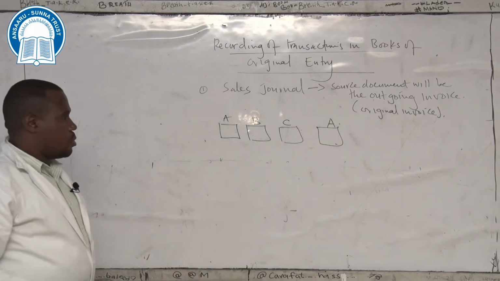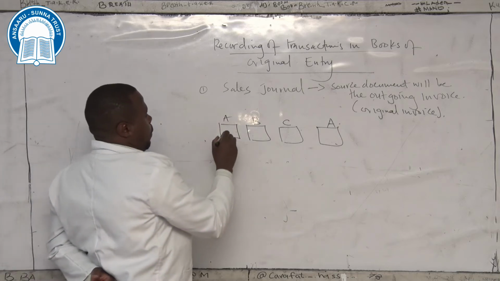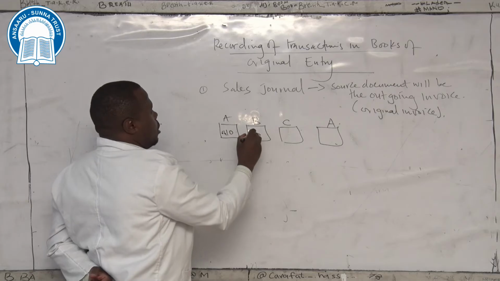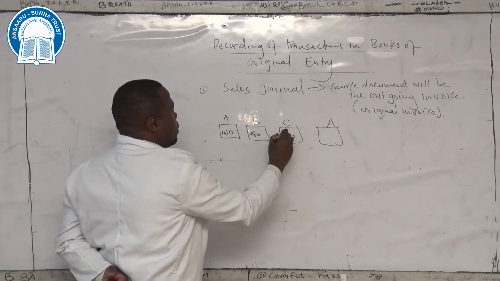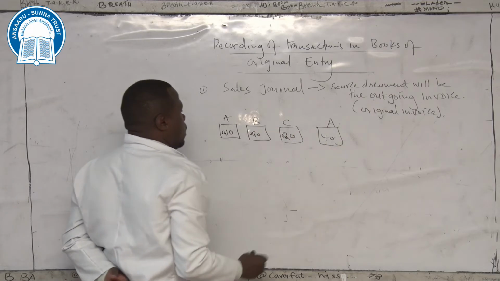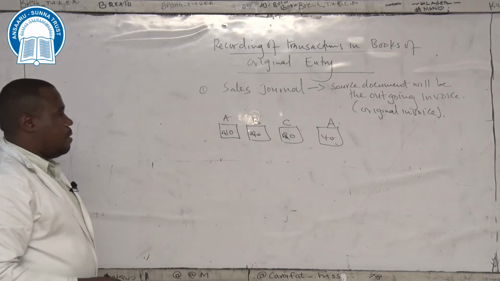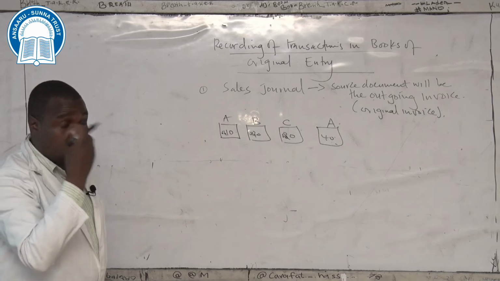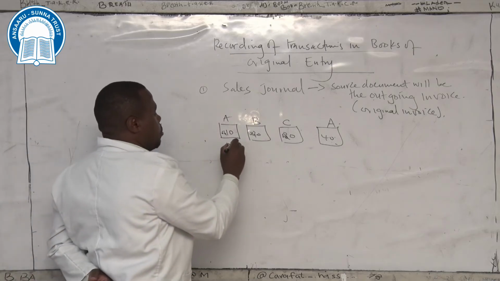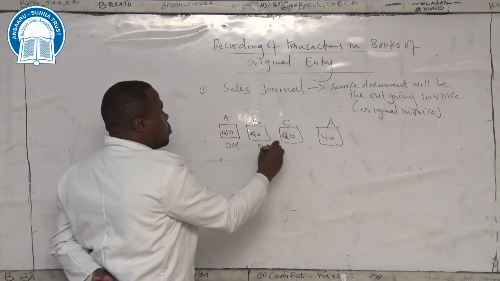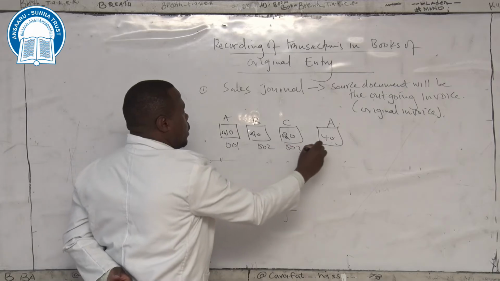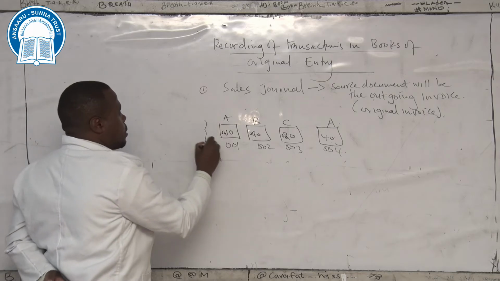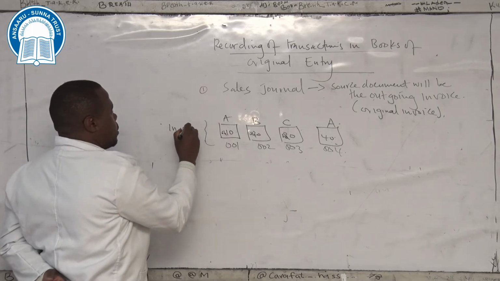These goods sold were worth maybe 10 shillings, 20 shillings, 30 shillings, and 40 shillings. Source documents always have numbers, so we'll have invoice numbers, for example 001, 002, 003, and 004. So this is the part for invoices.